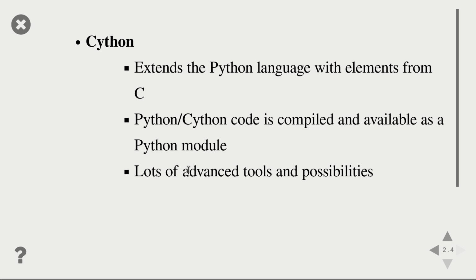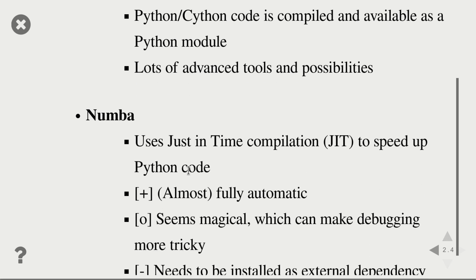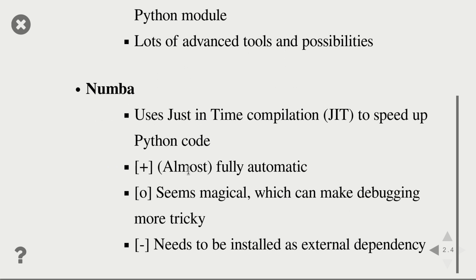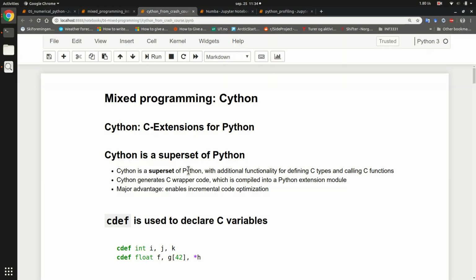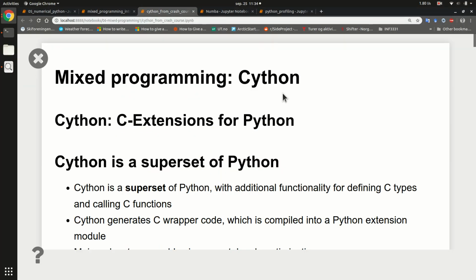So that's the first one, and we go through an example in a second. And then there's a second one that I want to show you. It's called Numba, and that's a very, very advanced tool that has only been developed in the last 5-10 years, I think. That's a lot more automatic. We will see that using Numba is often just adding one decorator to a function. And that's all you need to do. But we'll start with Cython.